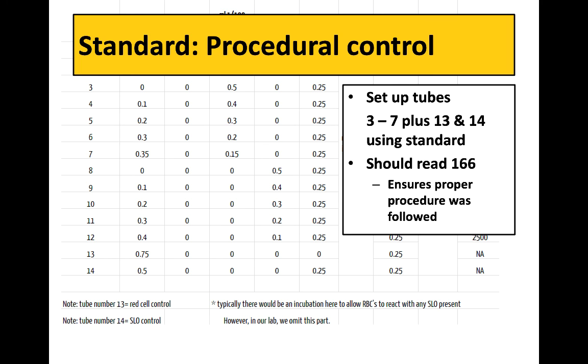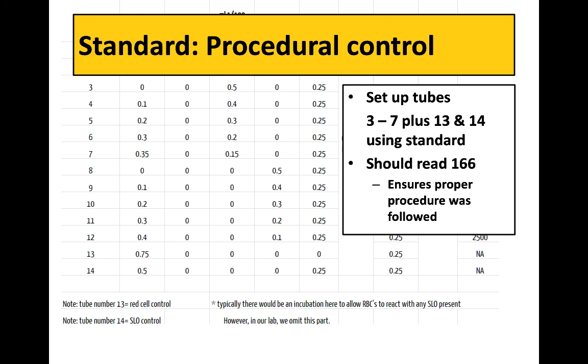In addition to tubes 1 through 14 for your patient, you're going to set up a little subset of those tubes, a separate set of tubes 3 through 7 and 13 and 14, using a known standard. So rather than using patient serum, you're going to use a standard, which is something that you purchase from a company.